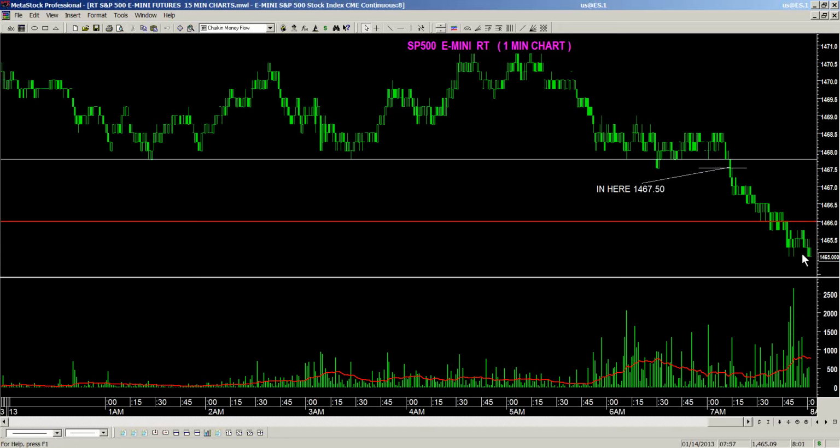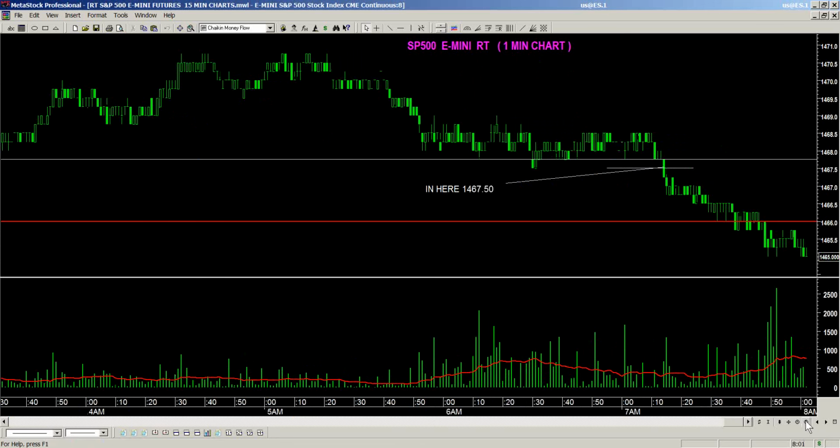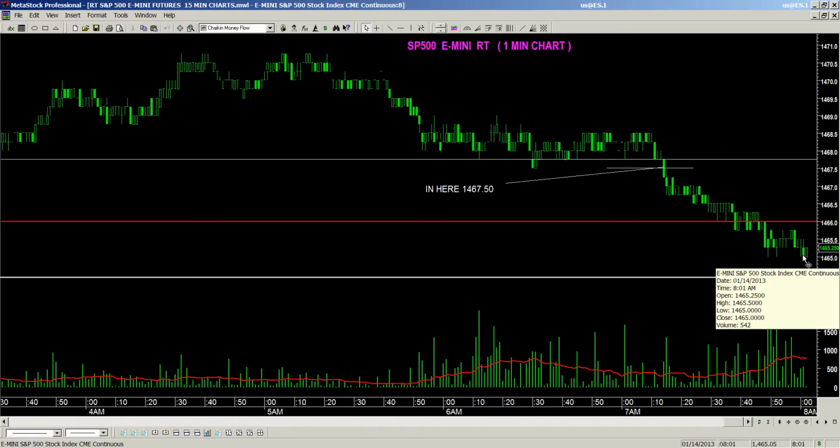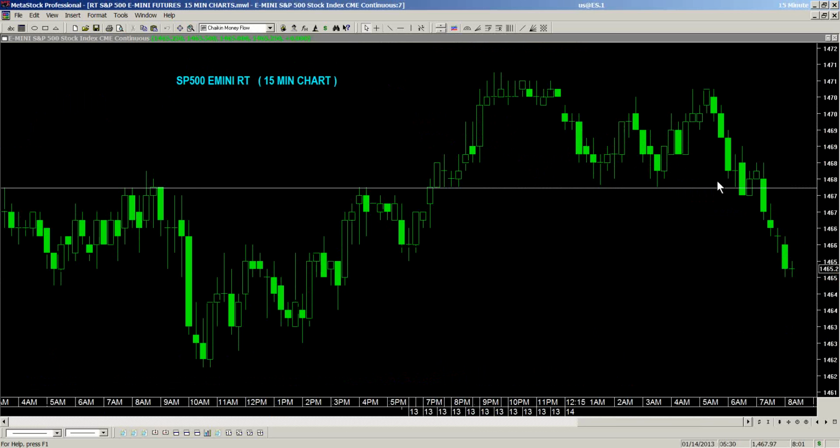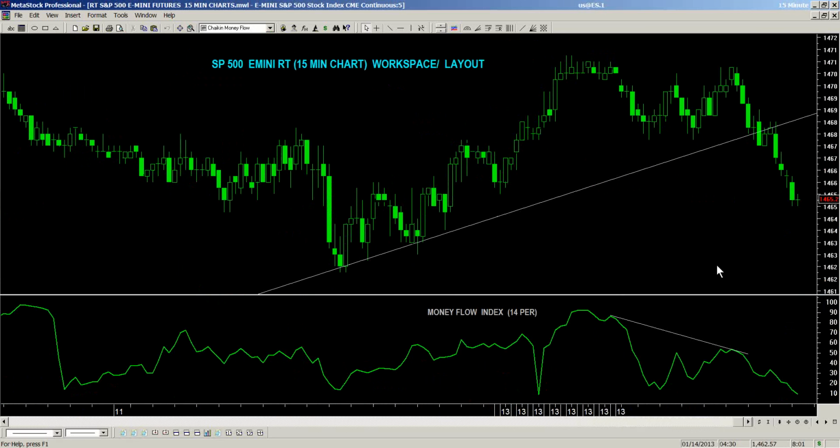It could start to trade again to the downside. This is what we need right here. We're waiting for this close below this level here on the 8:01 a.m. bar. This is what we needed.